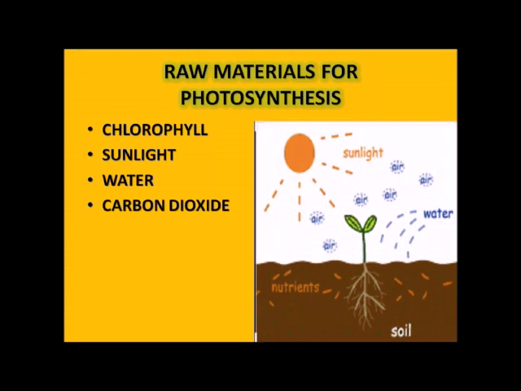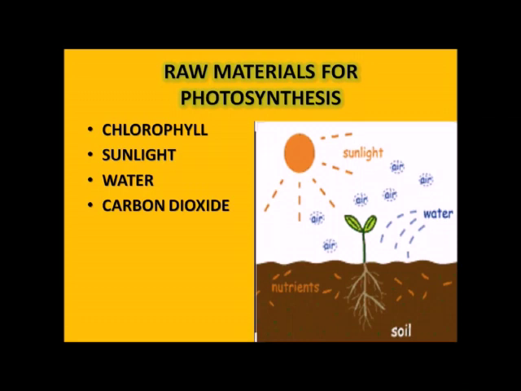Next is sunlight. The name itself, that is photo, means light, without which photosynthesis cannot happen. So sunlight is necessary. The other important thing for photosynthesis is water. Without water, plants will eventually die. You see, when we don't give water to a plant for a few days, it starts starving and eventually it dies.